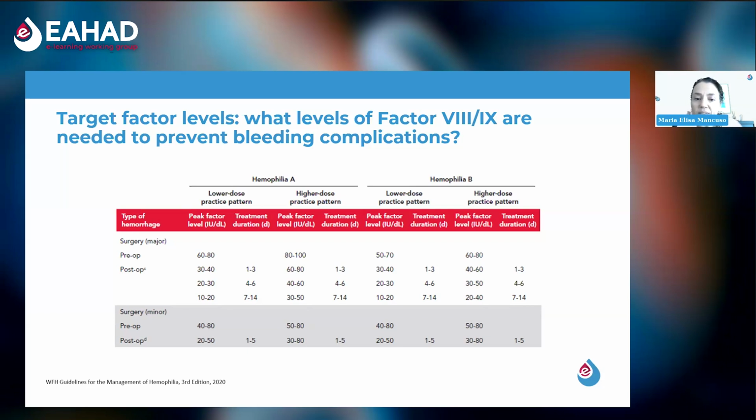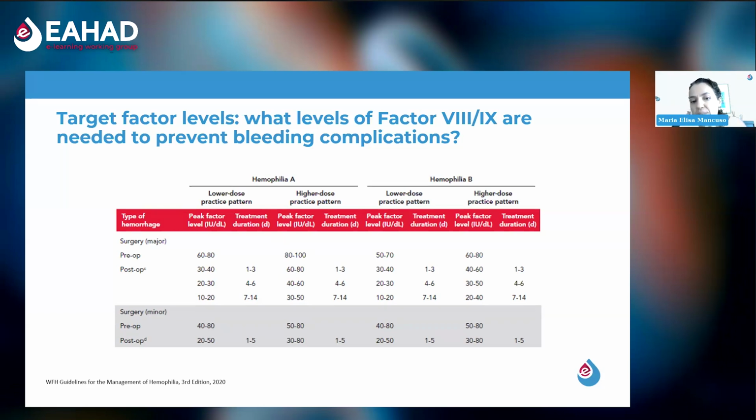In the table, you have the distinction between what they call lower dose and higher dose practice patterns in order to cover the needs of different countries, because we have to acknowledge that access to treatment and availability is not the same worldwide, meaning not that patients should be treated differently, but just to recognize the minimum which is required to ensure hemostasis.